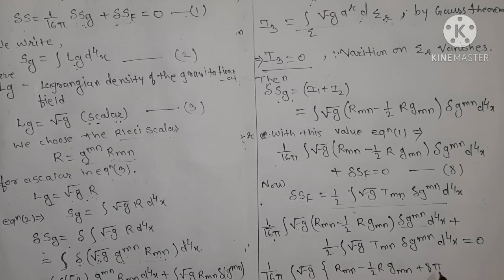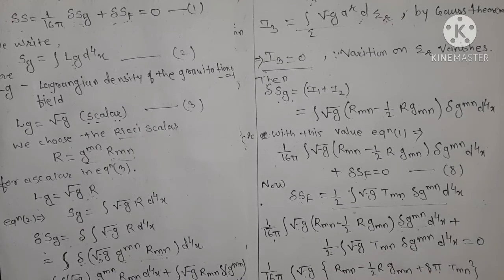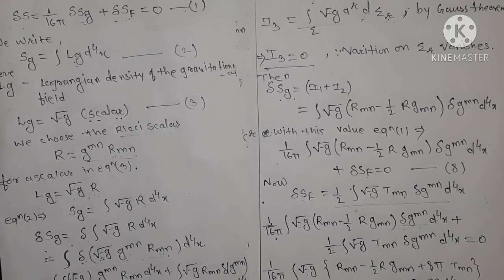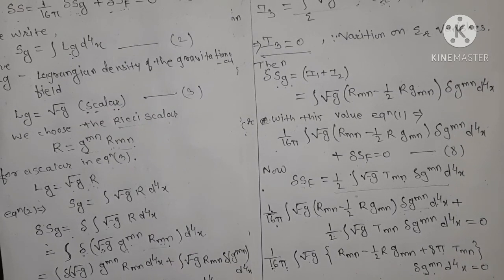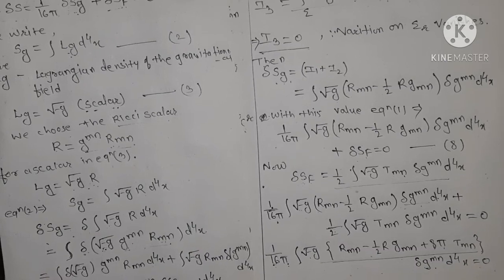So multiplying by 8 pi, and under root of minus g is common here, we have T mn in the bracket, and in the last we have delta g mn outside the bracket and this d4x, which is equal to 0. And since the g mn are arbitrary, therefore we choose they are non-zero, therefore the integral is equal to 0, implies this term we have taken equals to 0.